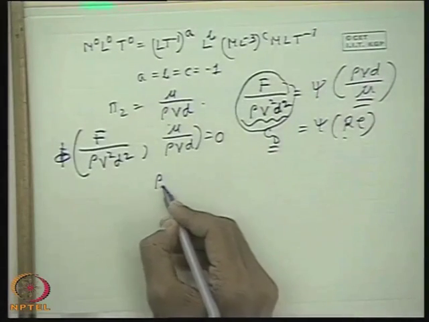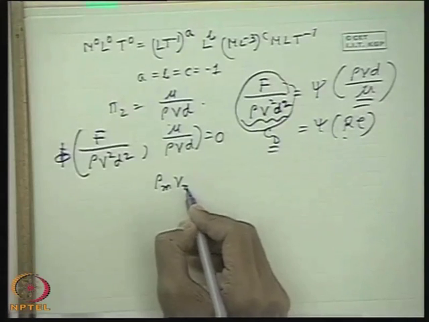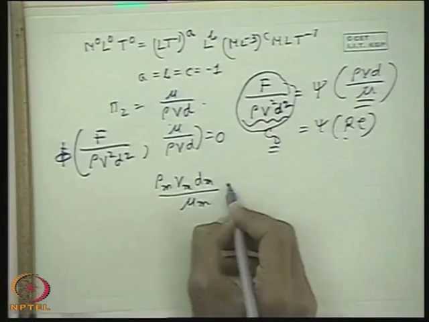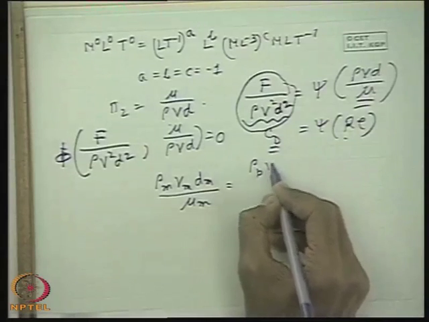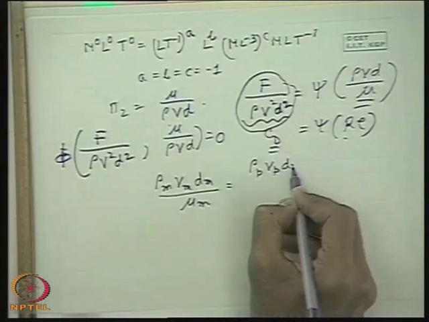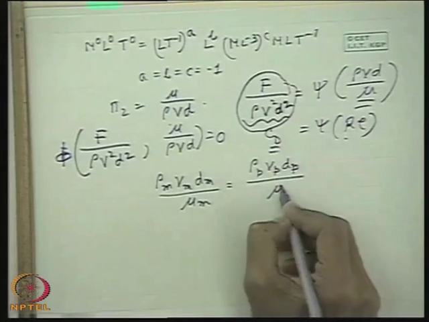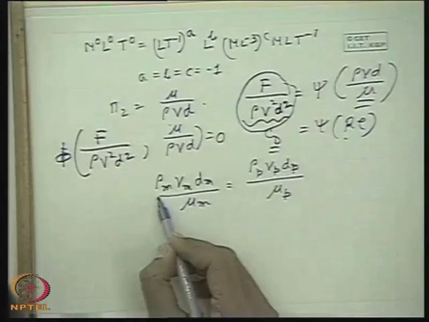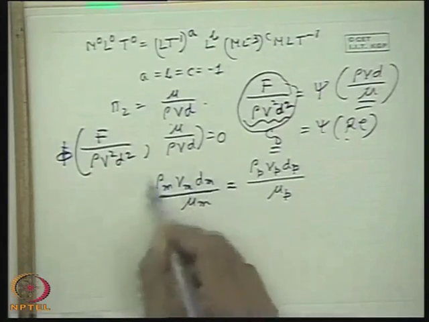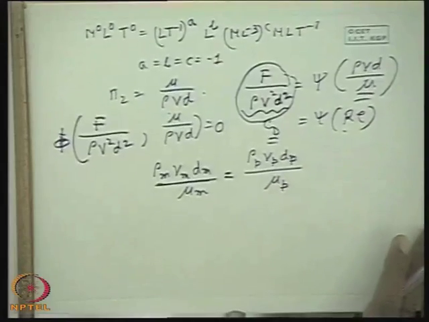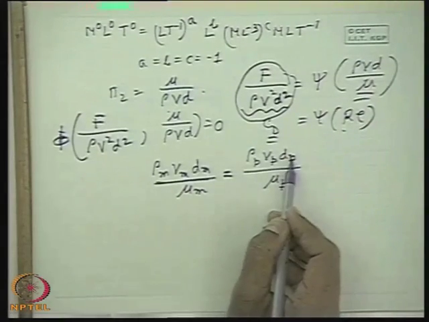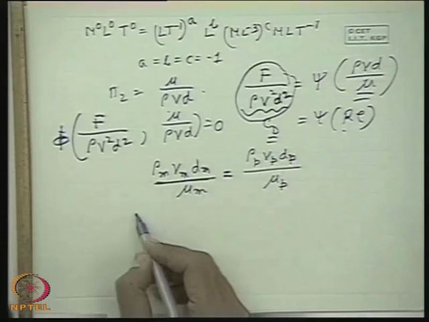Therefore the Reynolds number for the model must be equal to the Reynolds number for the prototype. That means you are allowed to do the experiment with water. You are allowed to do the experiment with a different diameter, but you have to make the Reynolds number the same for dynamic similarity. So if you know the diameter ratio from the scale factor, you can find out the model speed.